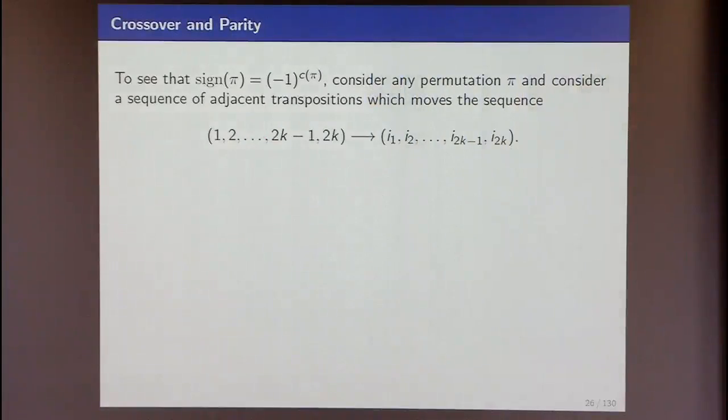We're doing the inverse of this permutation, so the sign is the parity of the number of transpositions. You think about where 2 is, and you try to move it back.